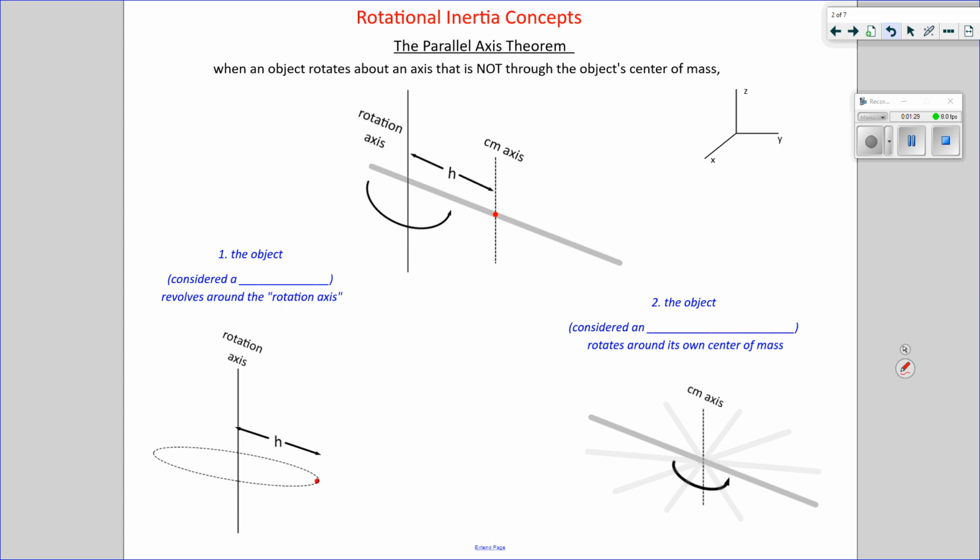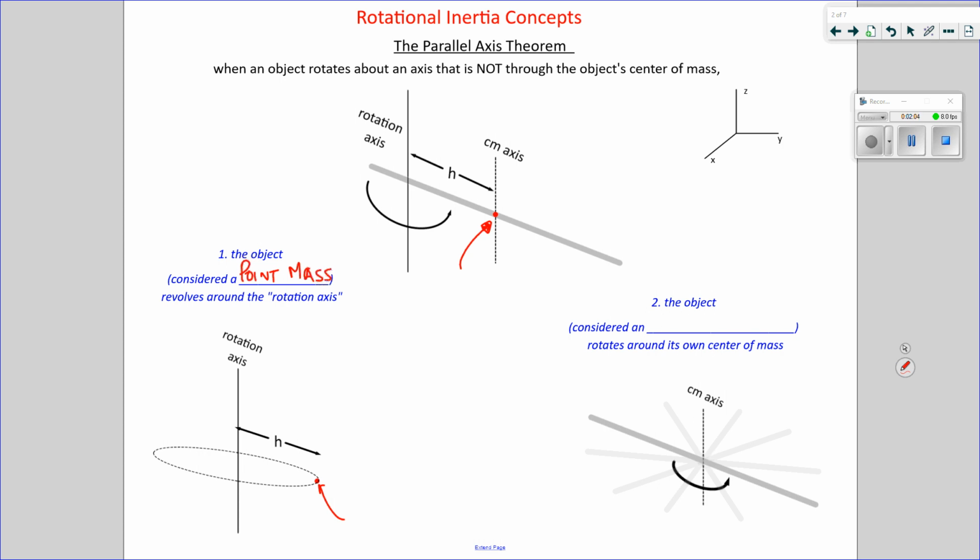And so when we do that, we can employ the parallel axis theorem that says this rotating rod is two things. One, it's a point mass that rotates around the axis. The object, simplified as a point at the object's center of mass, moves in a circle around the rotation axis at a distance that most texts call h.